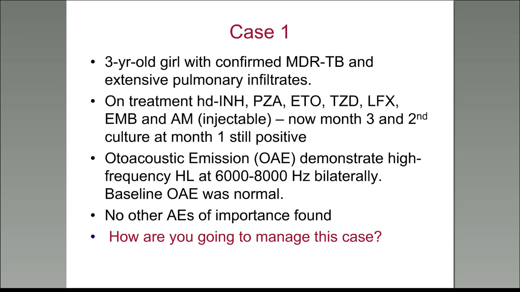Her second culture after 1 month of treatment was positive. During routine monitoring, her OAE shows high-frequency hearing loss at 6,000 to 8,000 hertz bilaterally. Her baseline OAEs were normal. During your assessment, you did not identify any other AEs of importance. So our question to you, how are you going to manage this case?